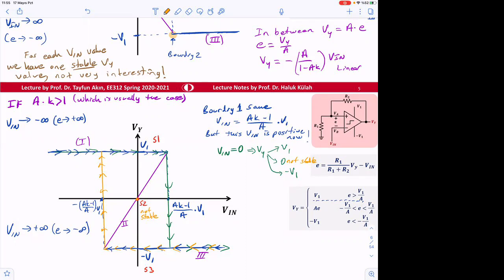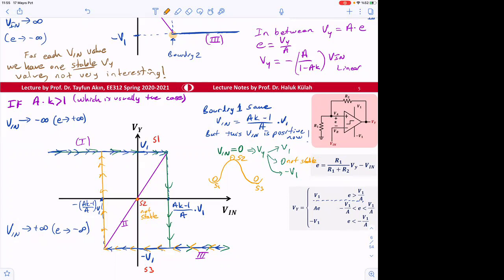Okay, so this is the case then. Now I was explaining this, maybe I changed the numbers and names, but let's say this is S1, this is S3, and this one is S2 case, the not stable case.